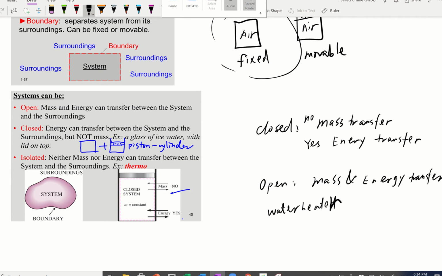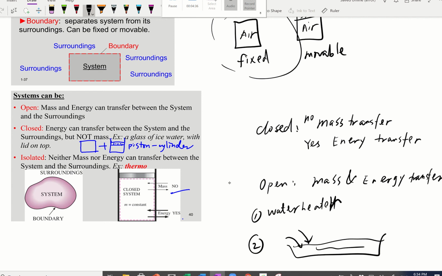Another example of an open system is, for example, if you consider your bathtub has some water in there, and you consider that water inside the bathtub as the system. So that's an open system. Why? Because you're going to have hot water coming and cold water coming as well, right? And so there's mass transfer. And is there any energy transfer?